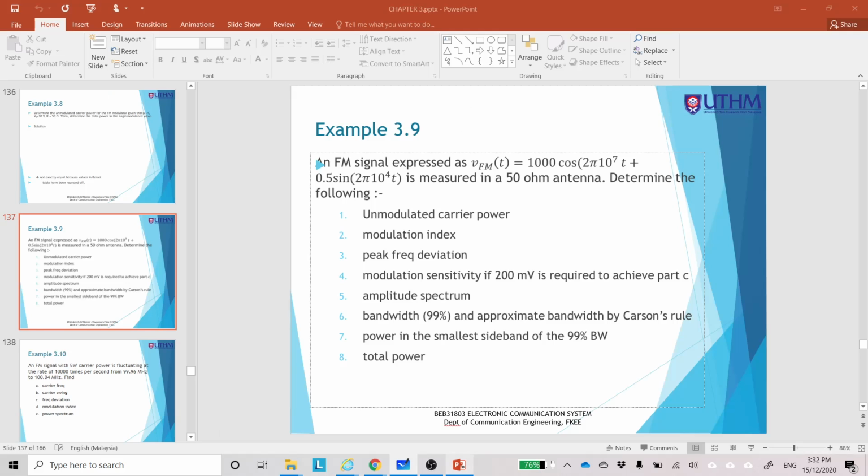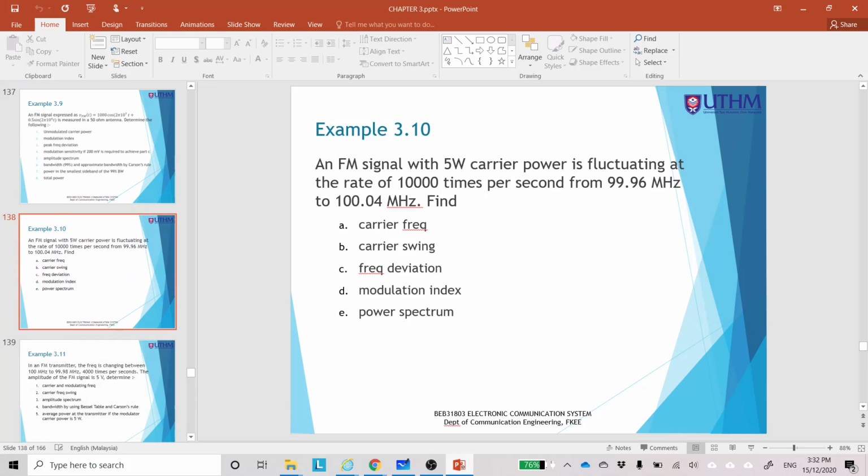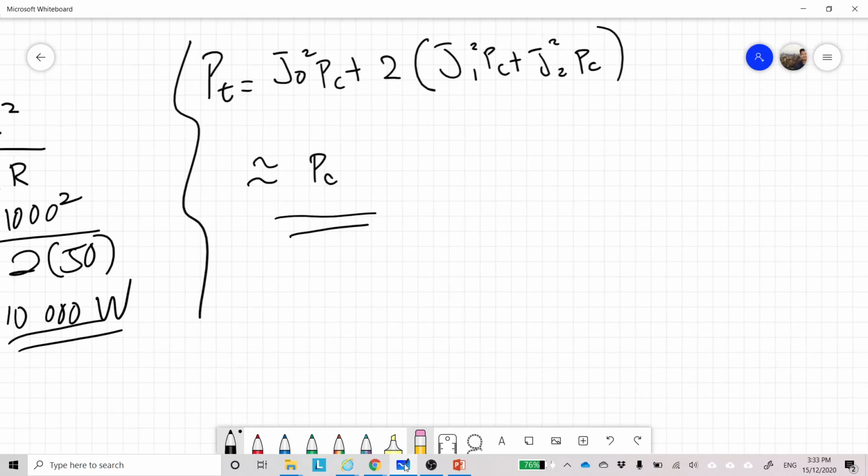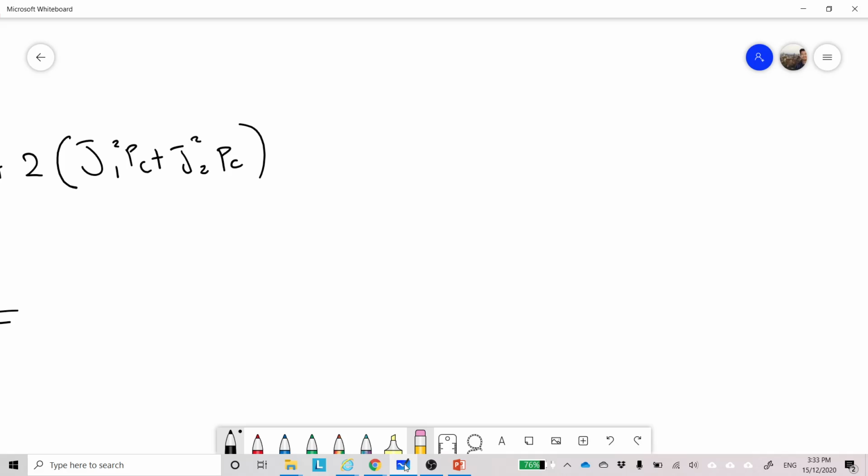Example 3.10, you see that for the next example, an FM signal with a 5 watt carrier power is fluctuating at the rate of 10,000 per second from 99.96 MHz to 100.04 MHz. Ini apa maksud dia?